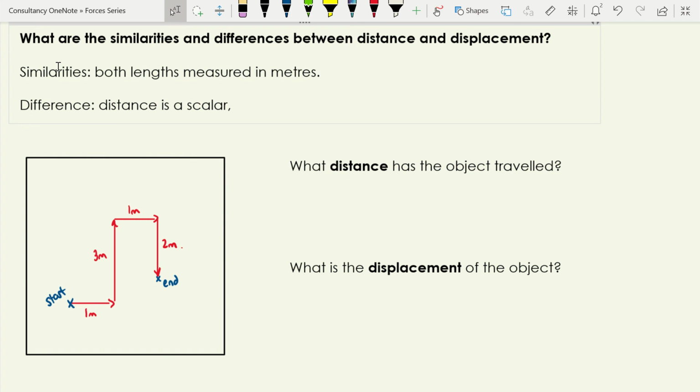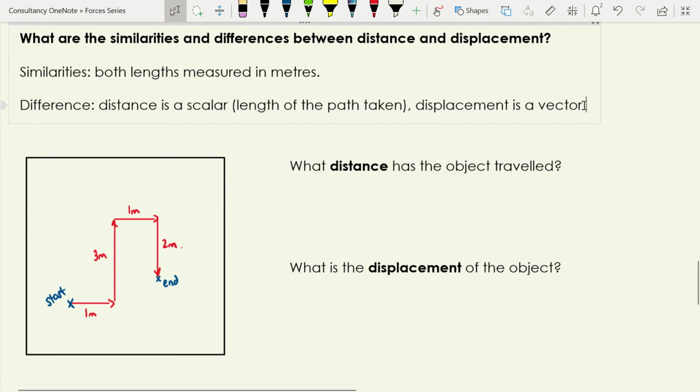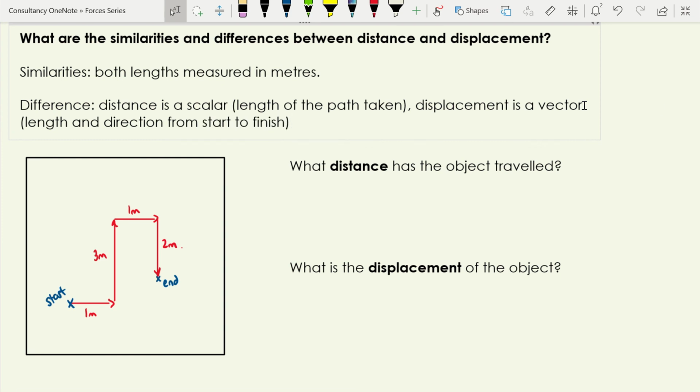Displacement is a vector. And let's actually add in what these are. So length of the path taken, and for displacement, the length and direction from start to finish. There. So those are our similarities and differences between them.